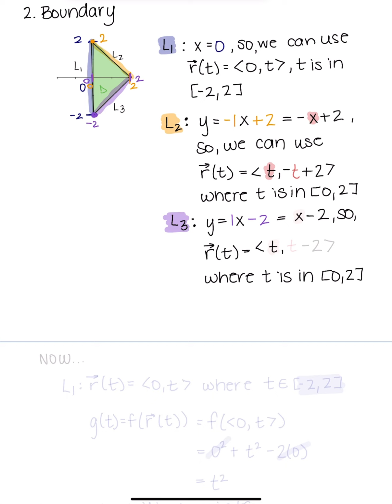Now again, just like the last one, we are using t as our x, so we can make that swap. So we will have a t minus 2 instead of an x minus 2. And there's our parametric equation.